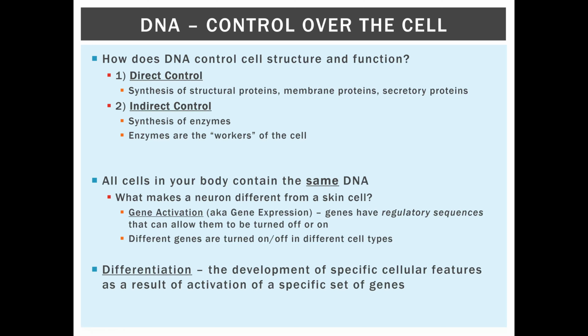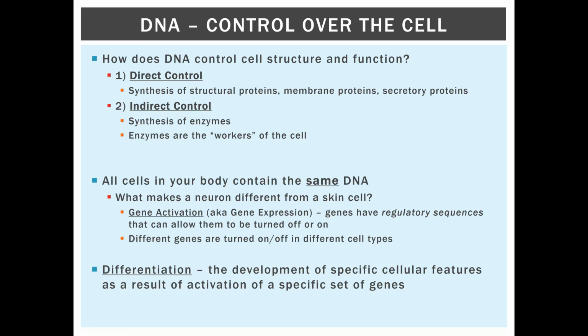And the term differentiation refers to the development of the specific cellular features as a result of turning on or off different sets of genes. And this happens during development. So we all start from a single cell when the sperm joins with the egg during conception, and we have a zygote.